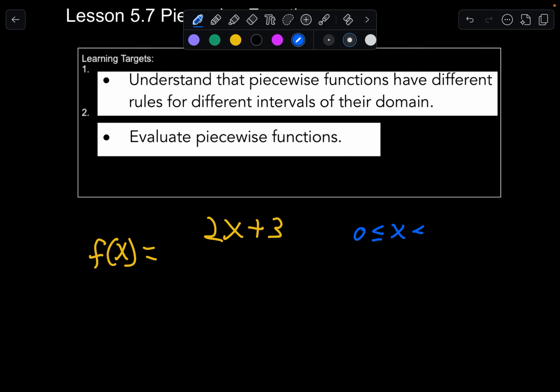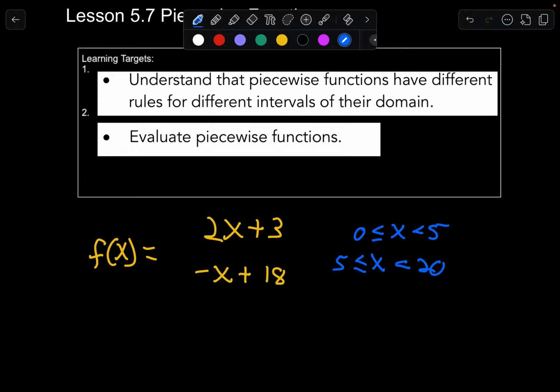And then it will be negative x plus 18 for all x greater than or equal to 5, but less than 20. All right? And that's a piecewise defined function.